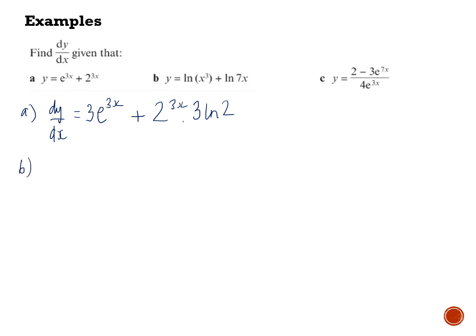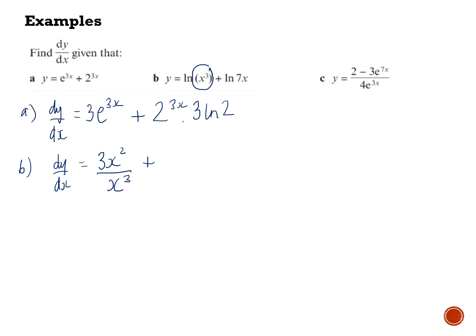So y equals ln x cubed plus ln 7x. Remember, when you differentiate ln, what you do is you look at the ln of something, you differentiate that something and you put it on the top, and then you put the something on the bottom. The something is the f of x plus ln of 7x.